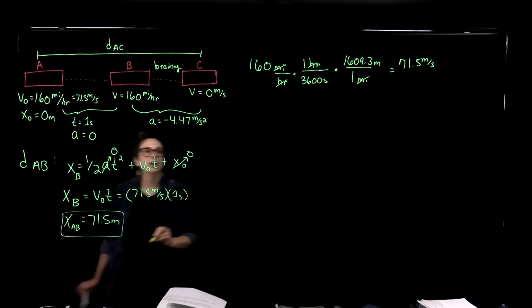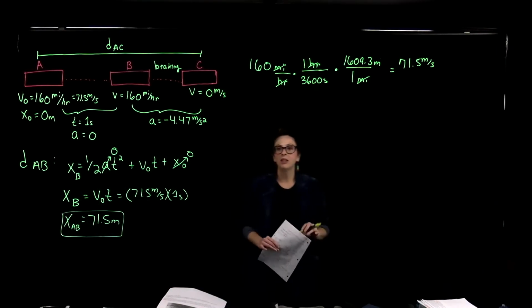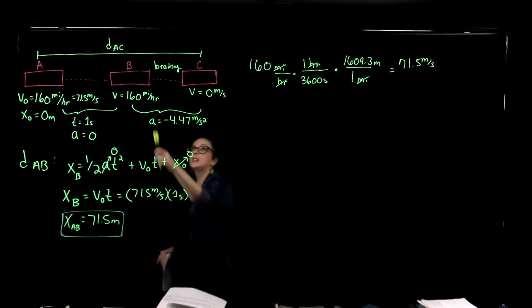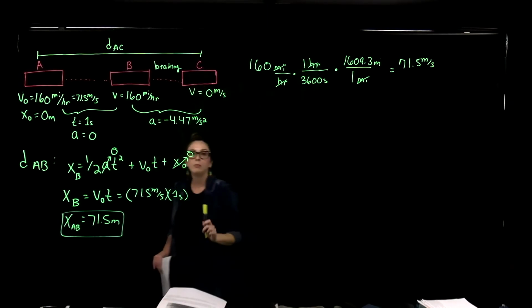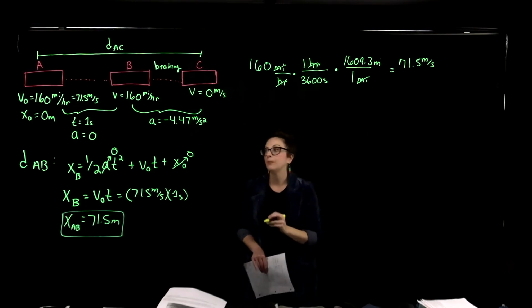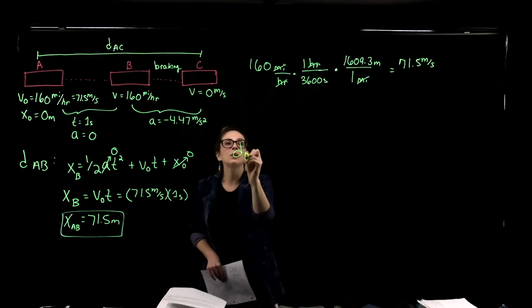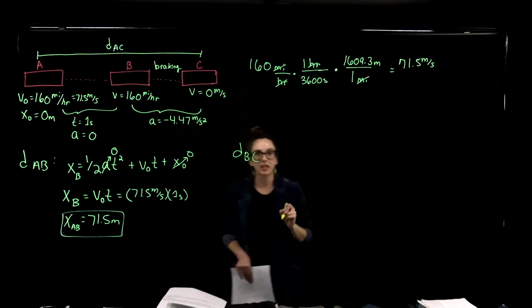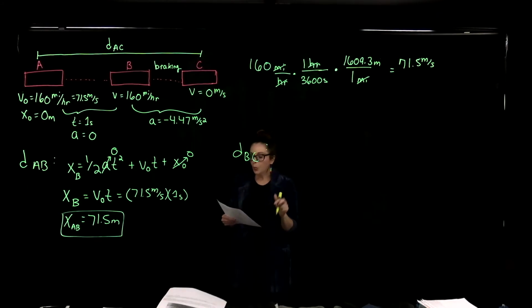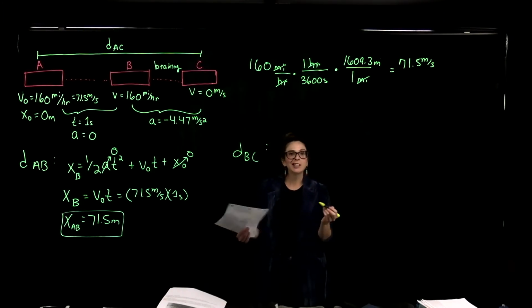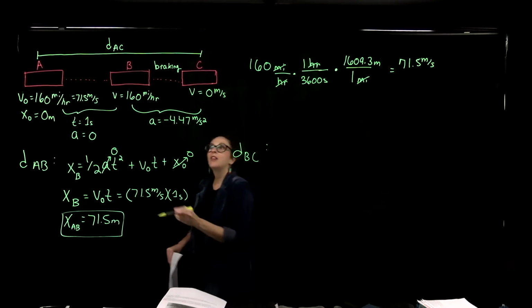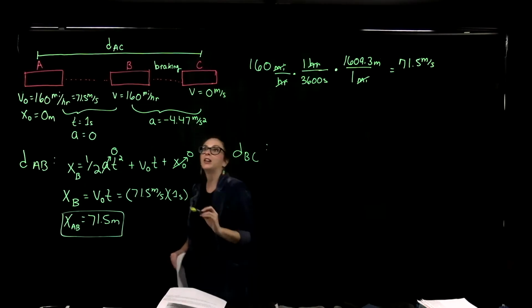Now let's deal with finding the distance between points B and C that we travel. Let's look to see what we know here. We've got an initial velocity, we've got a final velocity.